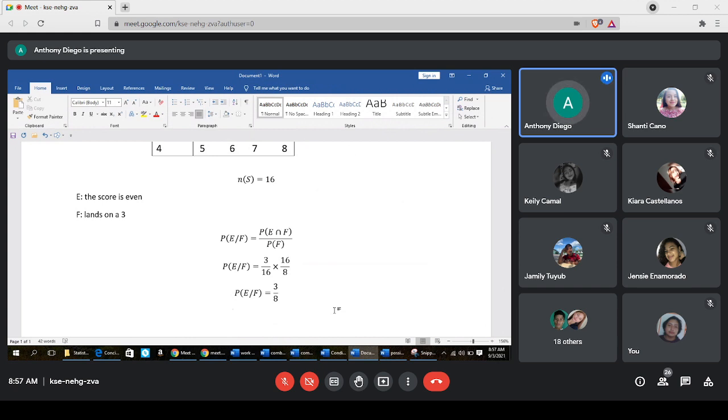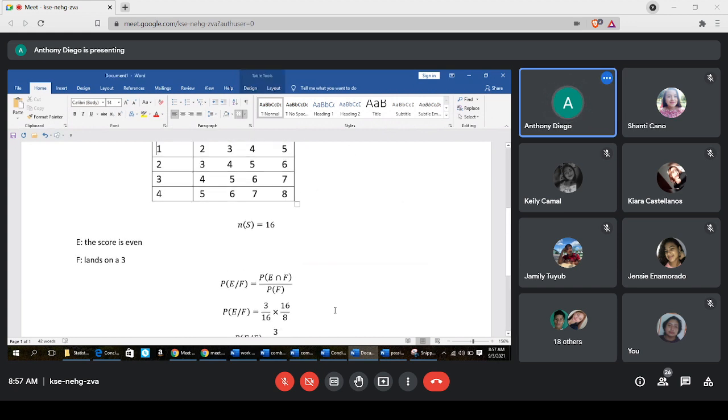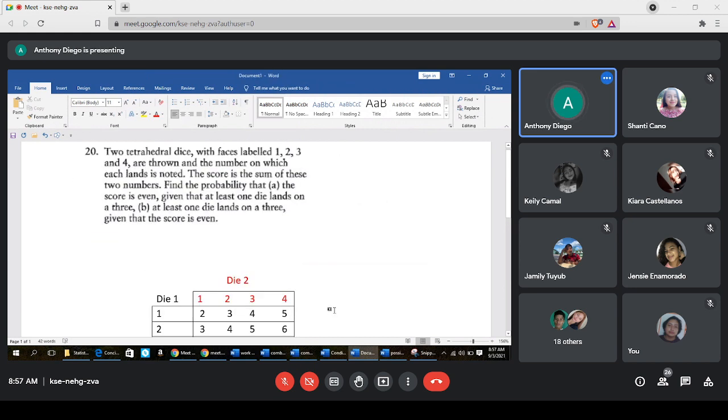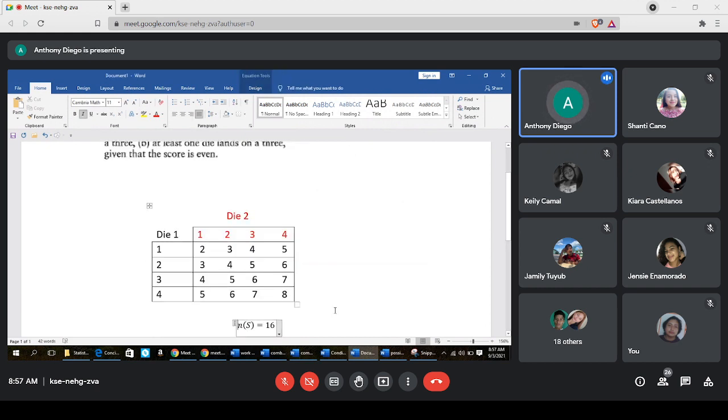Now, how would you do part B? Because part B said at least one die lands on a tree given that the score is even. So what will happen to this formula here?